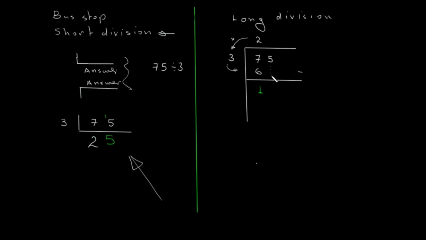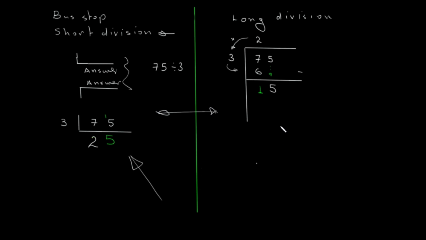Now we bring that 5 down to there. So we have the 5. Look, 1 and 5, 15. They're the same thing as before. Each is the same thing as the other, just written differently, that's all.